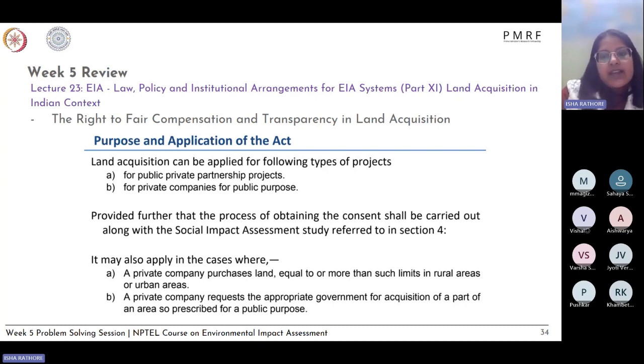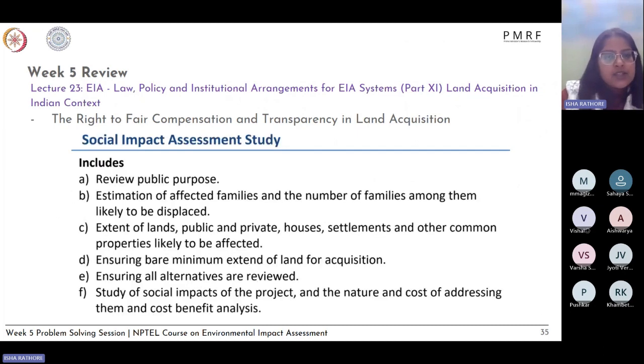For obtaining consent, they should do a social impact assessment study. In these cases, you have to have certain clauses which need to be met. The social impact assessment study should include the public purpose for which this land acquisition is being undertaken.